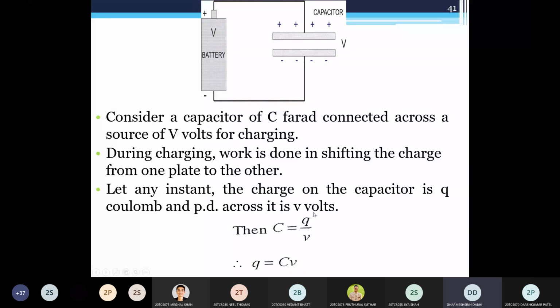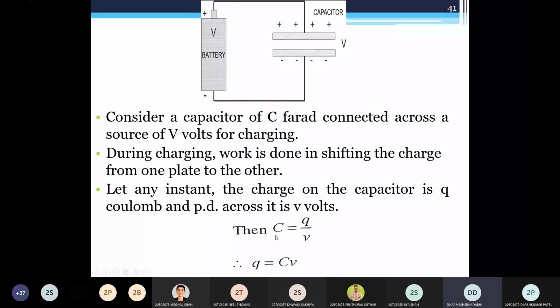So what is the value of capacitance? As you know the equation, Q by V. So here small q is the charge on the plate of the capacitor, divided by the voltage across the capacitor. That gives the value of capacitance. If you know the value of capacitance, then from this equation you can find out the amount of charge placed on the plate of the capacitor. Because once you make the capacitor, its capacitance is fixed.